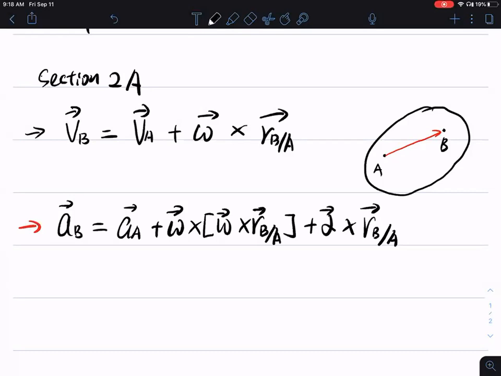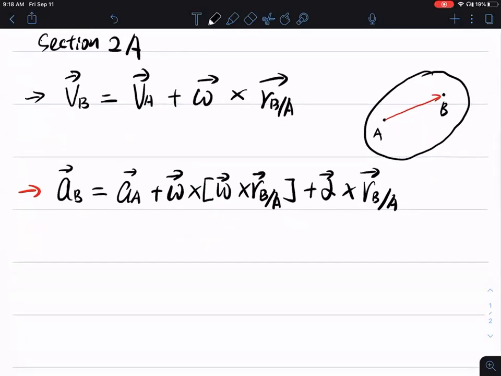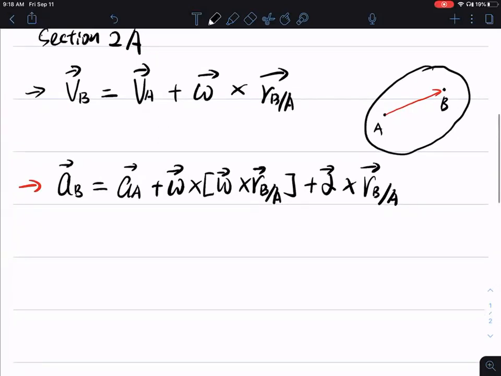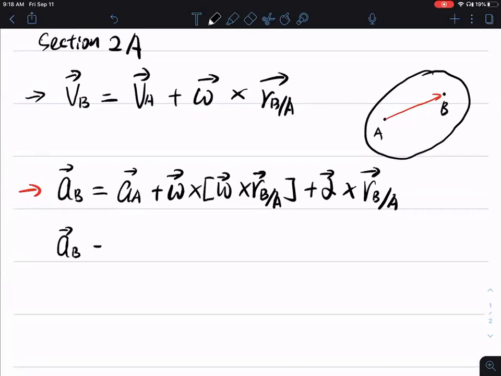Well, there's an easier version of this equation. Let me tell you what the easier version is. For this course, since we're only talking about two dimensions, we can simplify this acceleration equation down to AB equals AA minus omega squared RB/A plus alpha cross RB/A.